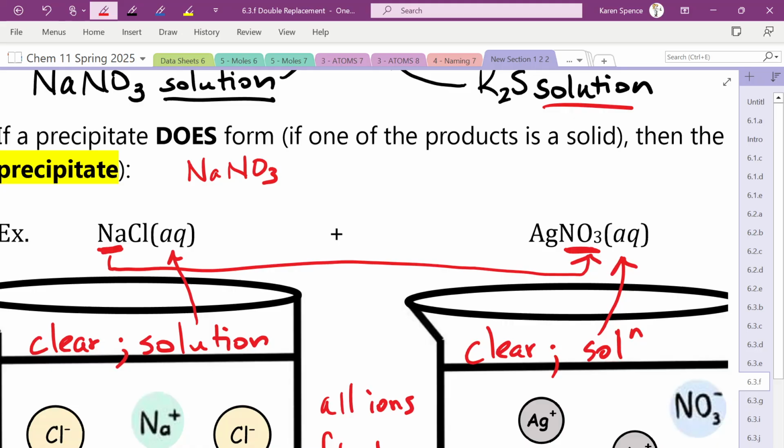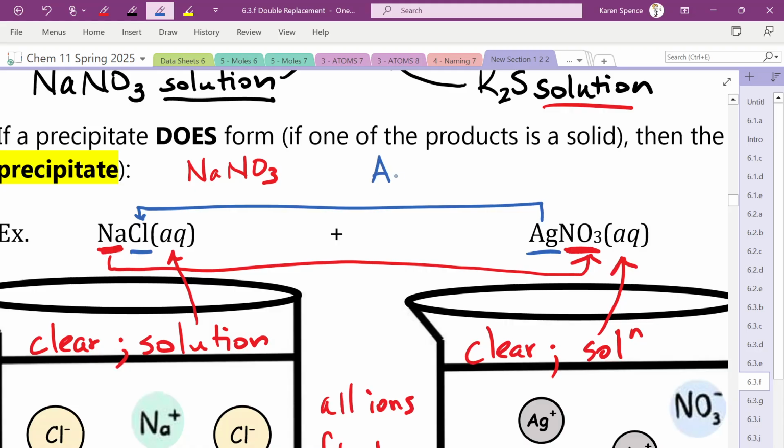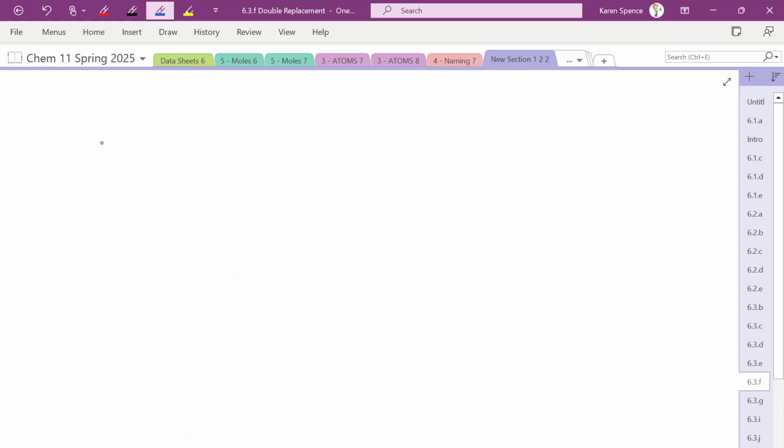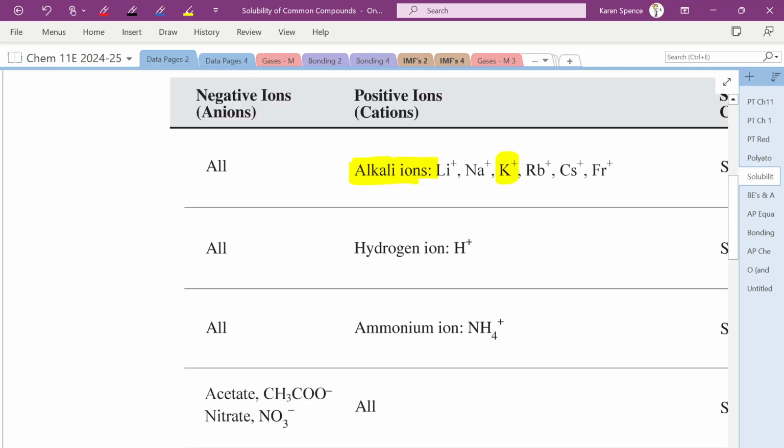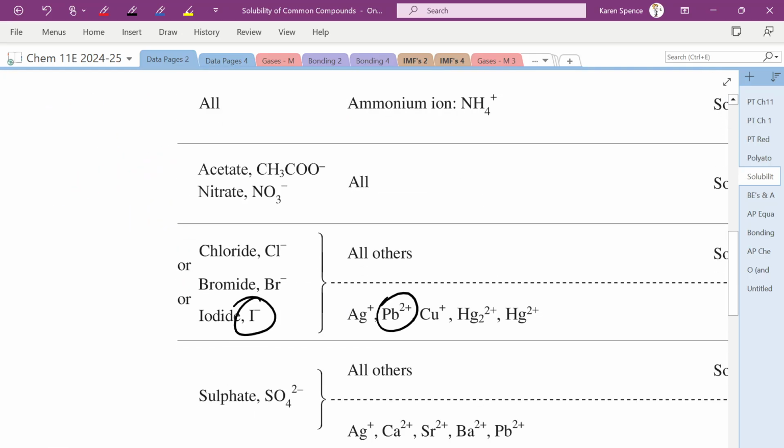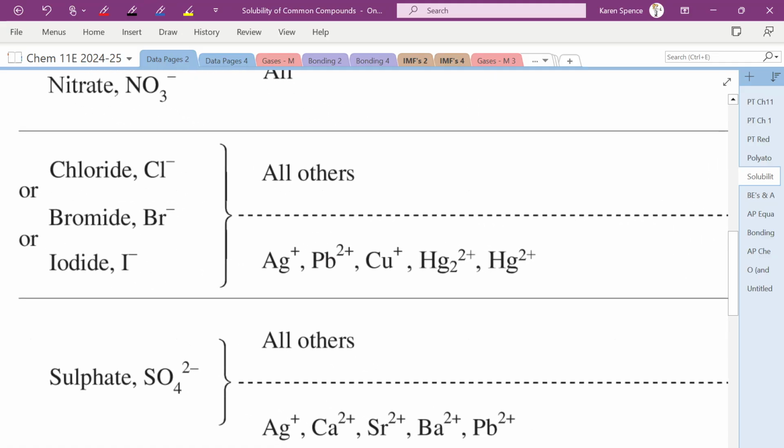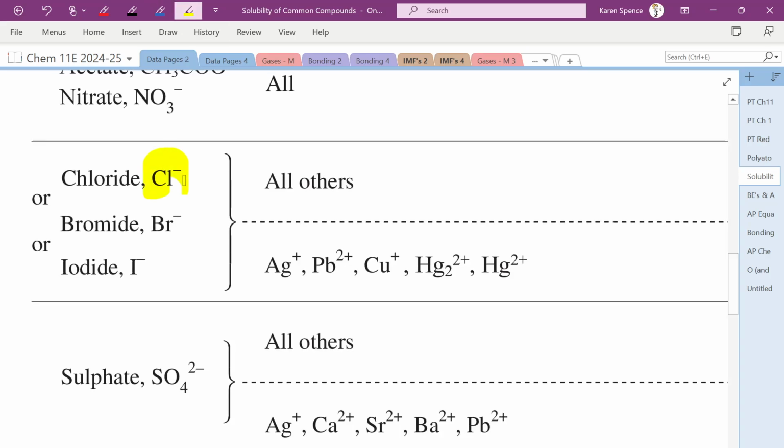Okay? Then we combine our inside ions. We have Ag and Cl. Go look that up on your chart and say, is AgCl soluble or low solubility? Well, we go and we look up the Cl, and we see it's with Ag.